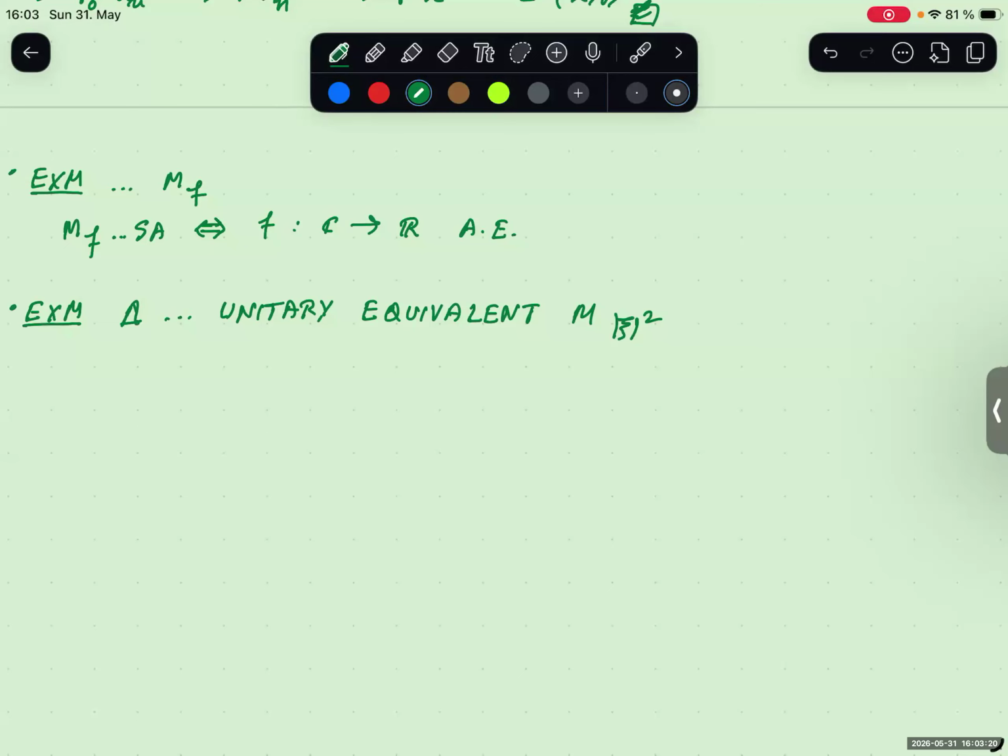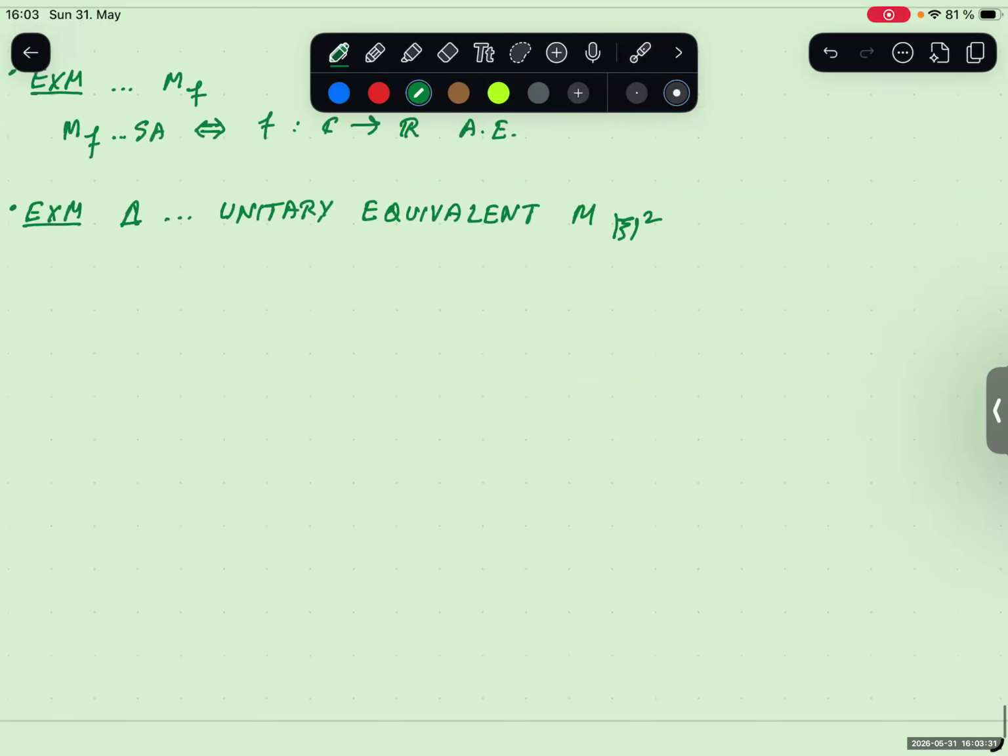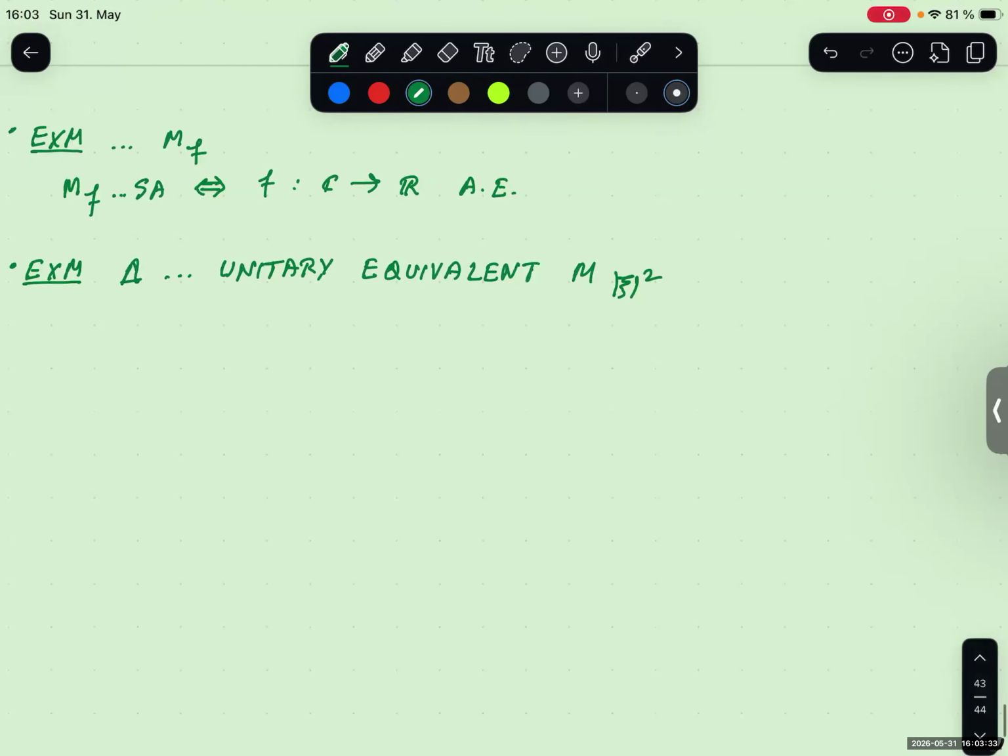Now we have just seen that if this function is real valued, then this is self-adjoint, and definitely this is real valued. So this is self-adjoint.